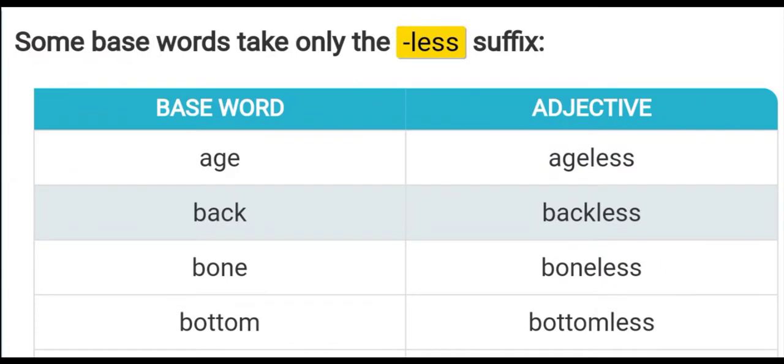And some base words take only the less suffix.